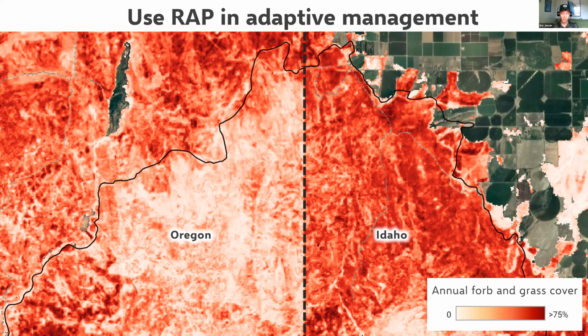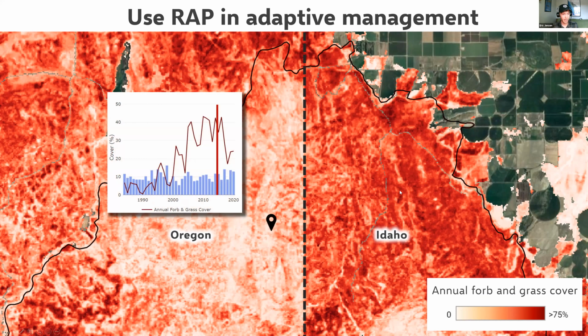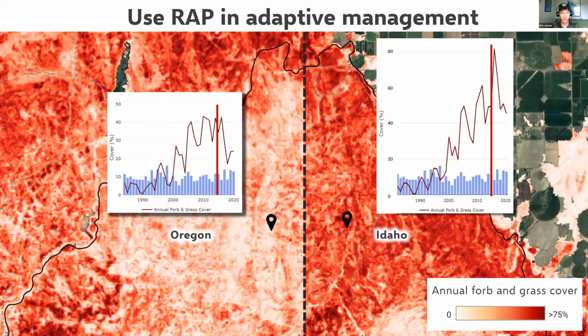And so this map is from 2018, and we'll explore some examples of this, of how you can, for a given location, look at how things have changed. But you can see that following that fire in 2015, these locations have had significantly different trajectories.